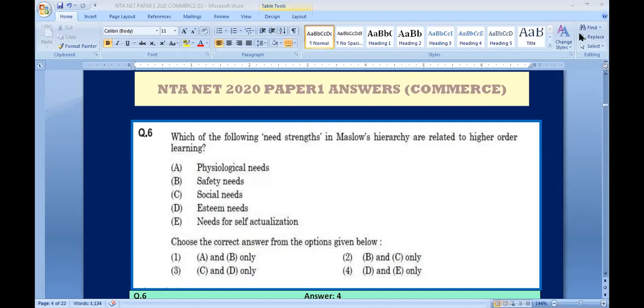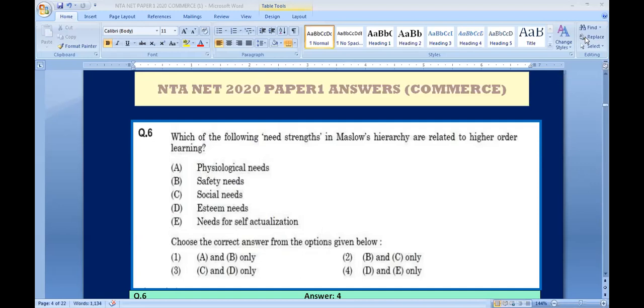Okay, fine. Which of the following need strength in Maslow hierarchy are related to higher order learning? This is a little bit in-depth question comparatively. So far, the questions are not in-depth from teaching aptitude or higher education like this.